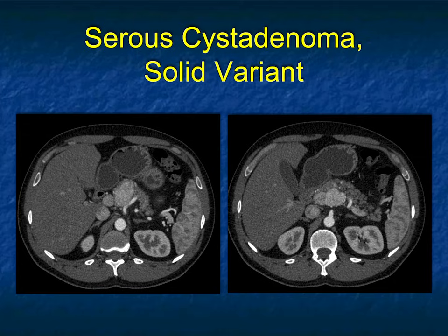And guess what? I was wrong. It was a solid variant serous cystadenoma. We've just written an article about that. We're working with AI. We're working with cinematic rendering because it's a real challenge, these serous cystadenomas that are solid. Fortunately, they only make up about 3% of serous cystadenomas.